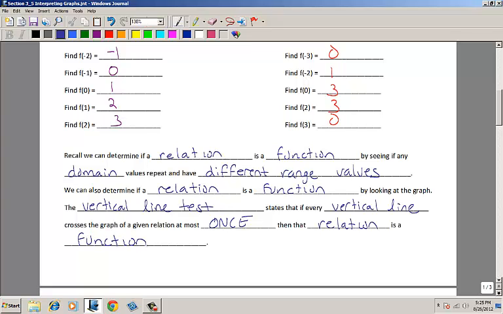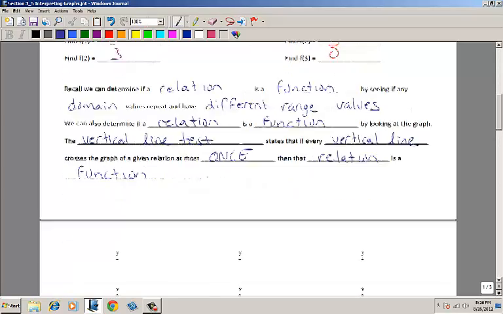Okay, so we can use the vertical line test to determine if the graph of a relation is a function. So, the vertical line test again states that if every vertical line crosses the graph of the given relation at most once, then that relation is a function.